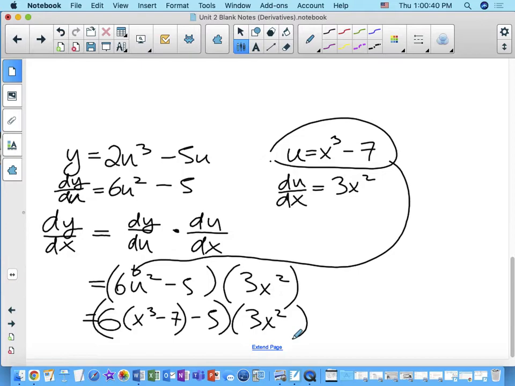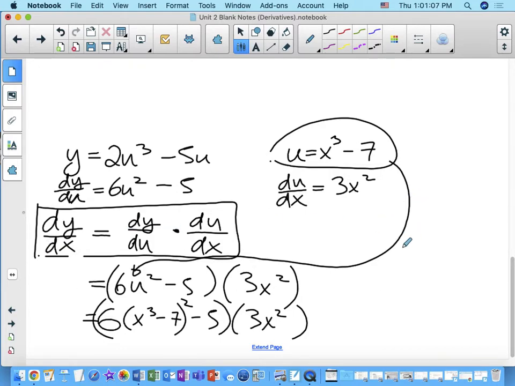Oh, sorry, this should be squared because it's 6u squared minus 5. And a lot of people find this sort of thing easier. You have to remember this though. So far, so good? Yeah? Okay.